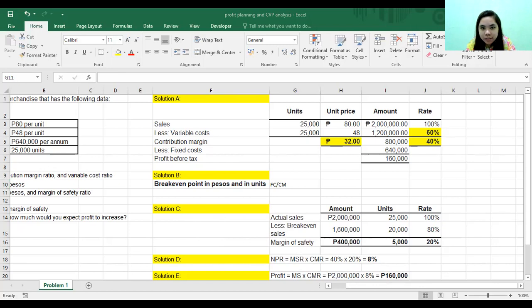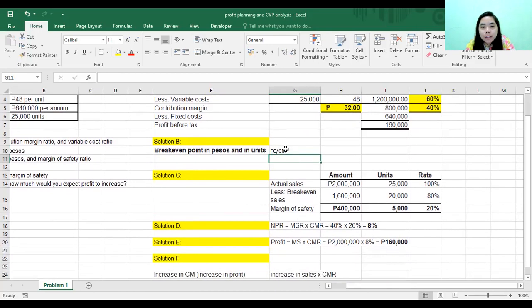I lost it, class. Okay. So I think you're seeing my screen again now. Let's have first your BEP in pesos. That's your fixed cost divided by your CM ratio. Okay, that's your break-even point in peso.